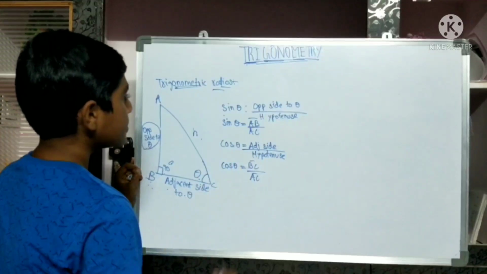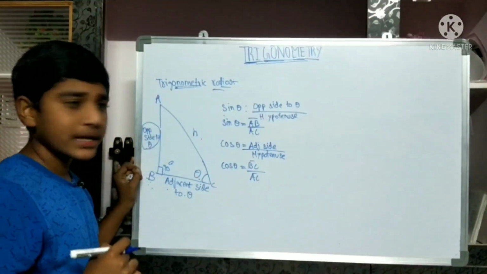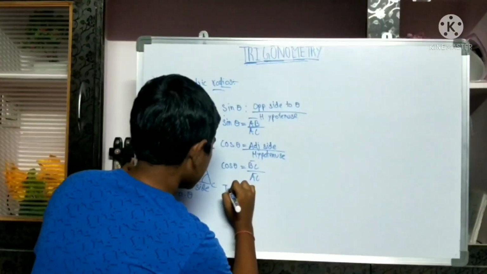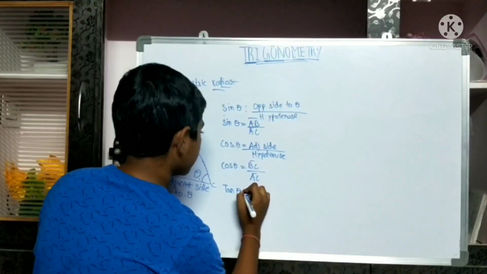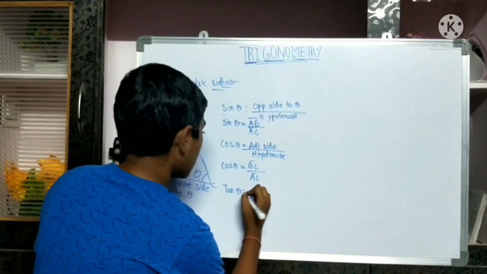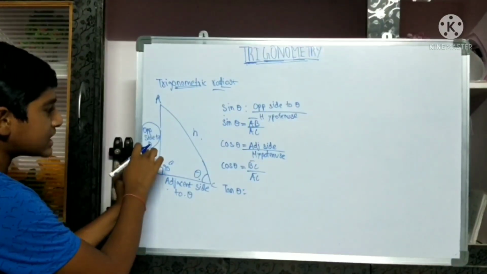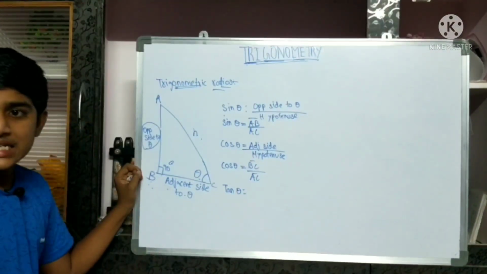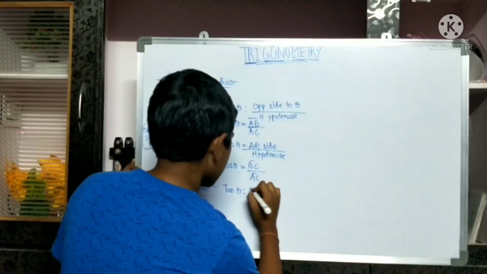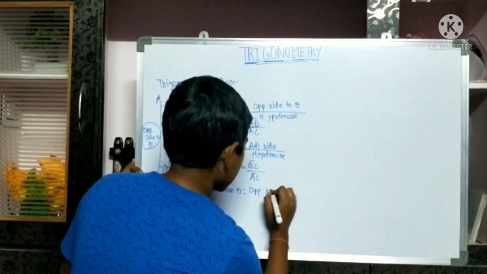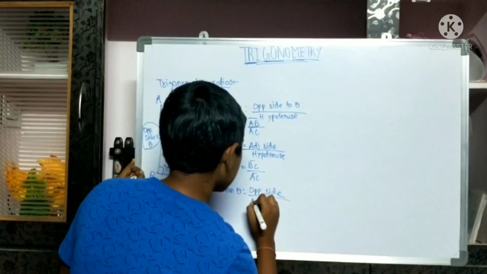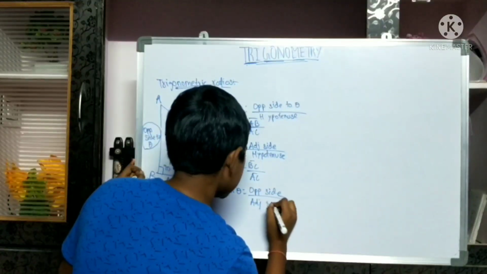And the third trigonometric ratio is tan theta. What is tan theta? Tan theta means the opposite side to theta by the adjacent side to theta. Opposite side by adjacent side.